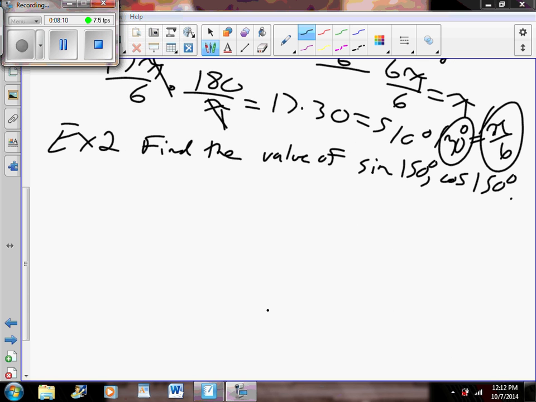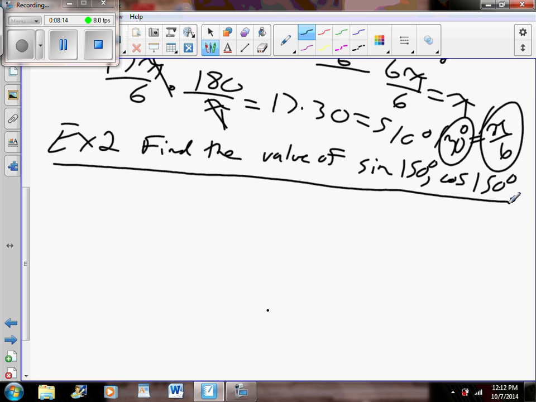Okay, example 2. Find the value of the sine of 150 degrees and cosine of 150 degrees. Well, the first thing we want to do is establish the reference angle. What is the reference angle? If I sketch where 150 degrees is in the Cartesian coordinate plane, starting over here, initial side on the x-axis, I come over here to, this is theta, 150 degrees.